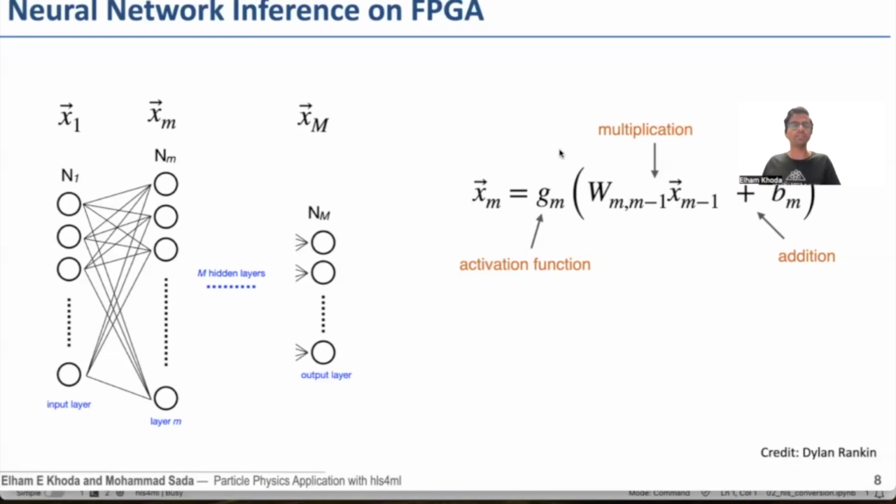There's an m-dimensional function as well, which takes the elements of this vector that gets produced after this multiplication and addition, and transforms them based on the function, whatever it is. And then finally, you get the x_m. So there are a few different operations happening here: multiplication, addition, and there is a functional evaluation.